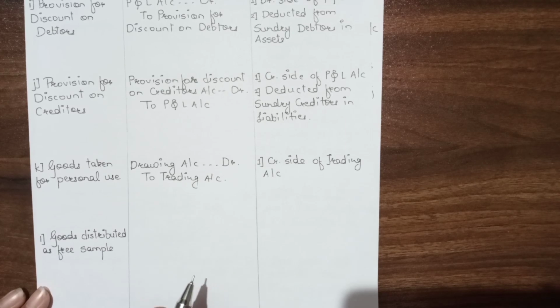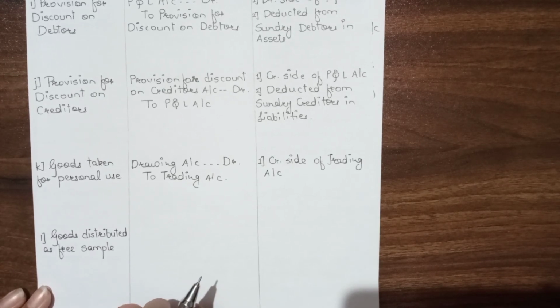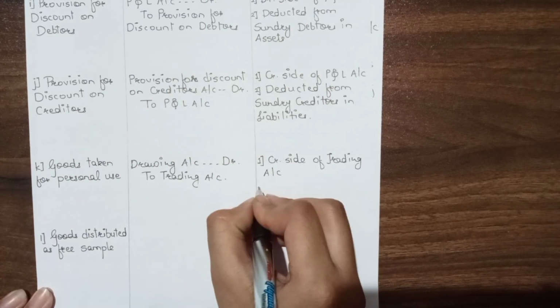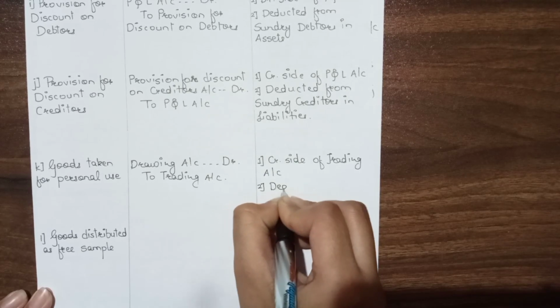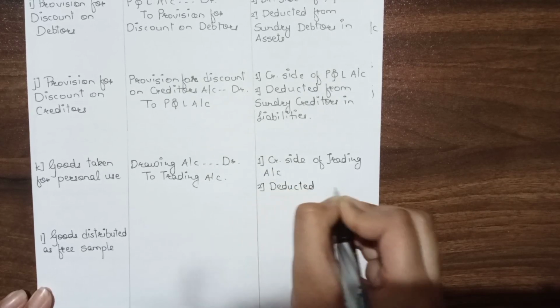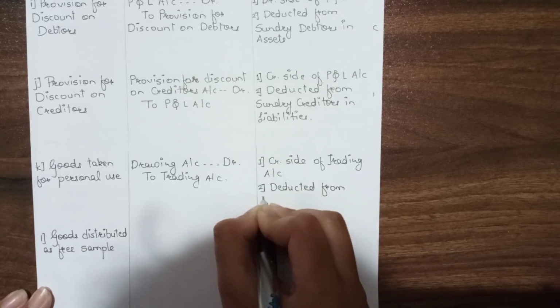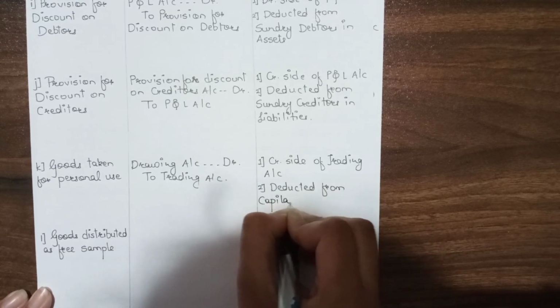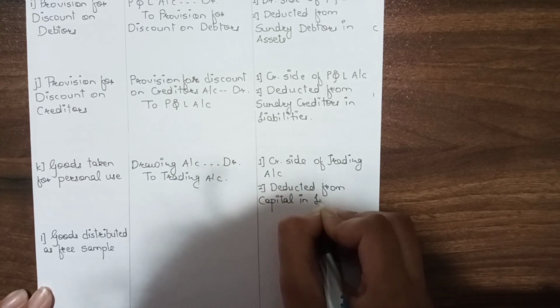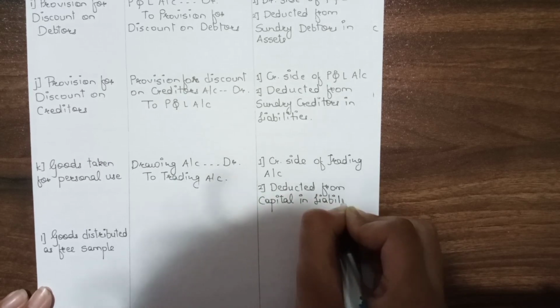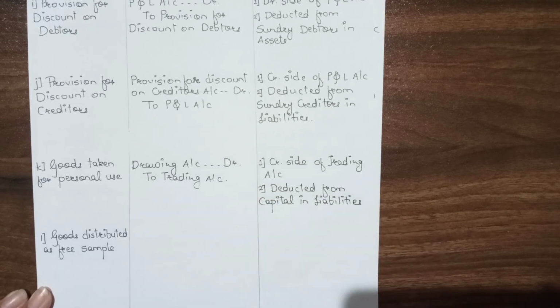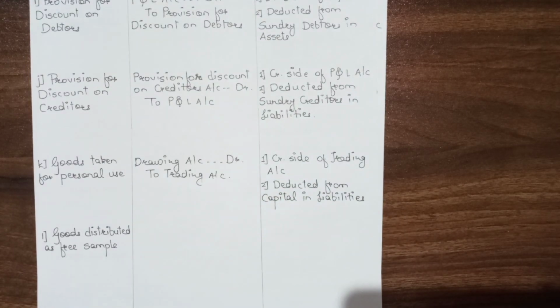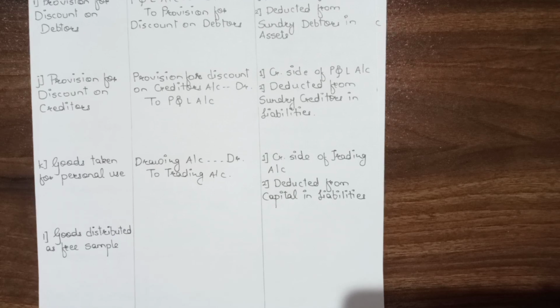And the second effect will be deducted from capital on the liabilities side, because from capital we are withdrawing some goods that we are using for personal use. That is why we have to deduct it from capital on the liabilities side of the balance sheet.